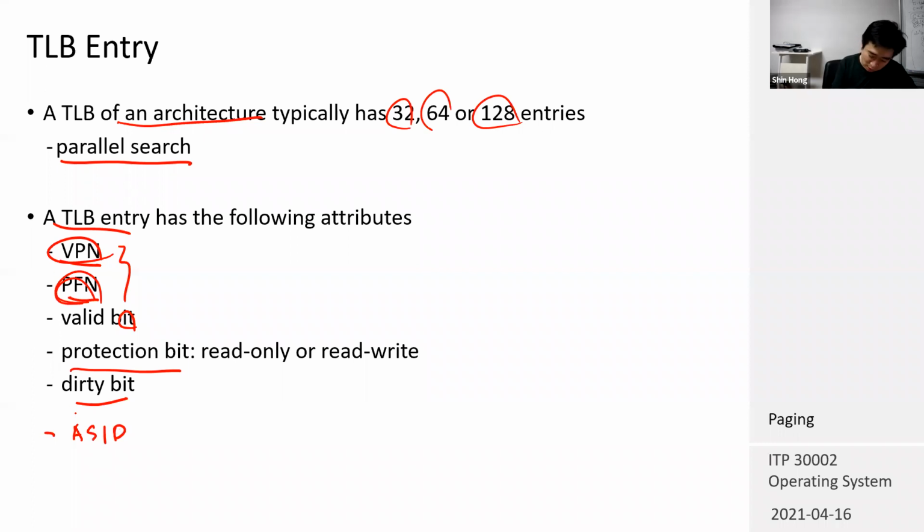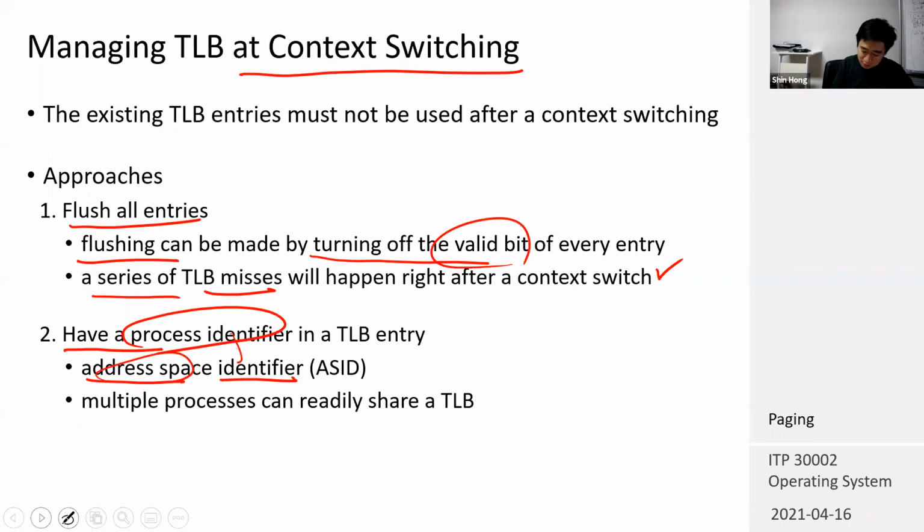Then, as a pair of the VPN and ASID, or you can also think of it as a process ID, the computer architecture can distinguish VPNs over different processes. So this means that we don't really need to flush everything at context switching, just leave it as it is, because we give the ASID, the PID, together with the VPN. So no confusion occurs, even when context switching happens.